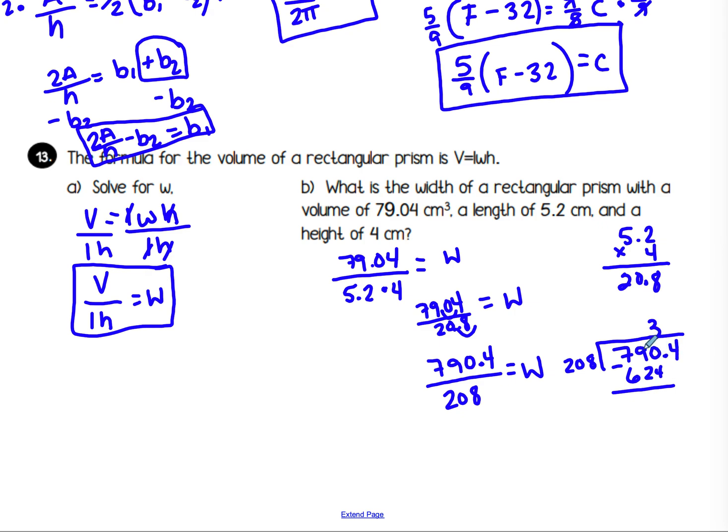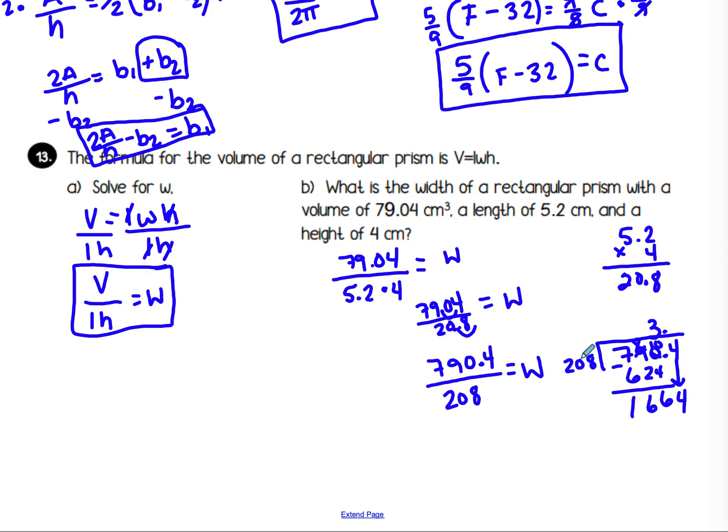I'm going to need to do some borrowing here. Make this a 10. 10 minus 4 is 6. 8 minus 2 is 6. 7 minus 6 is 1. As always, if you do your subtraction on long division and then you get a remainder that's bigger than what you were dividing by, that's your sign that something's wrong. Okay, bringing that decimal up, bringing my 4 down. I'm going to estimate again by pretending this is 200.